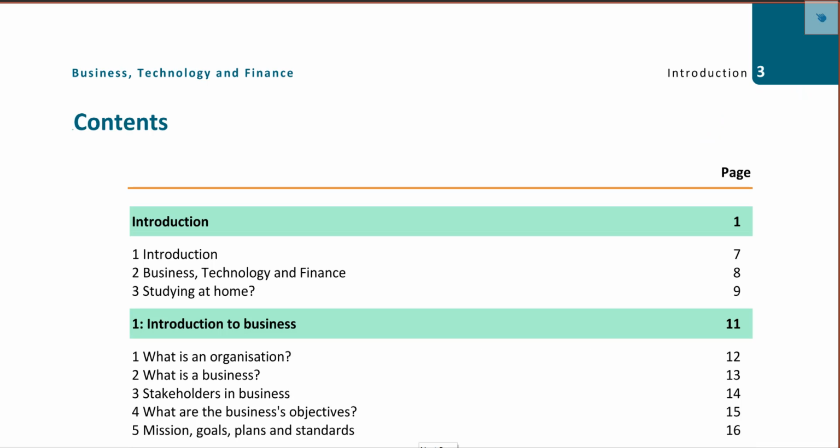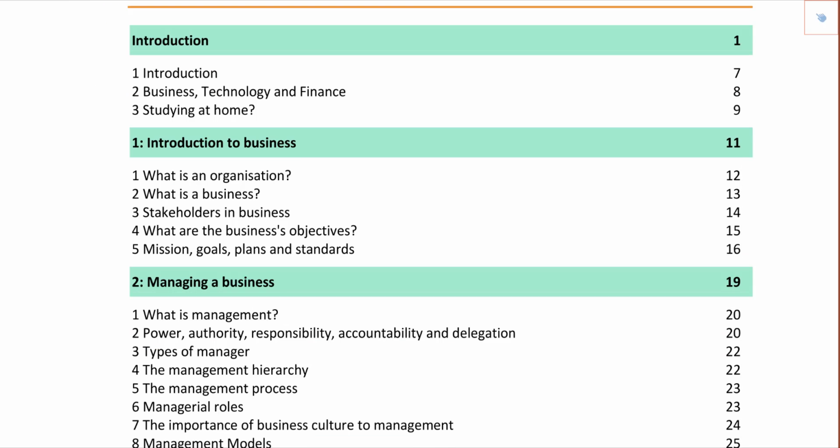So here we've got a contents page, first of all. This lists all of the chapters we're going to cover throughout the duration of this course. What I would advise you to do is follow these chapters in order as they appear here, from chapters 1 to 14.